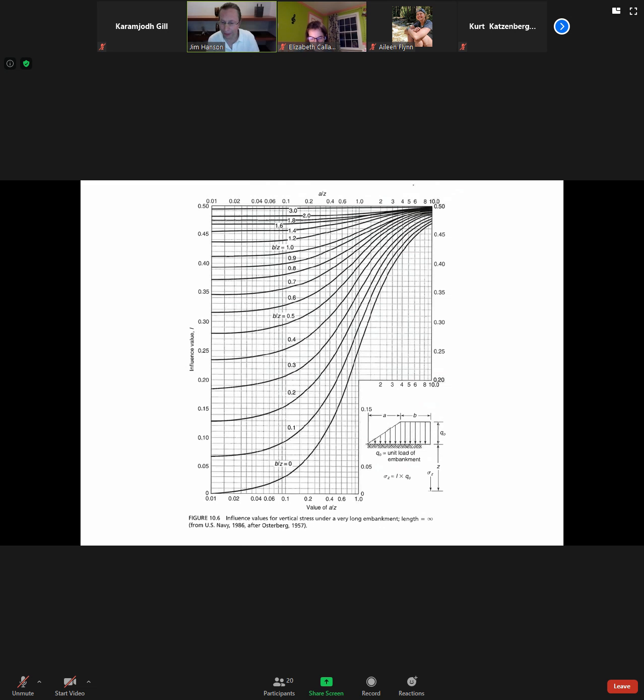And that would bring you then to an influence value of 1, more or less treating the embankment like a layer of soil, which is not unrealistic for shallow depths, given dimensions of embankments and so on.